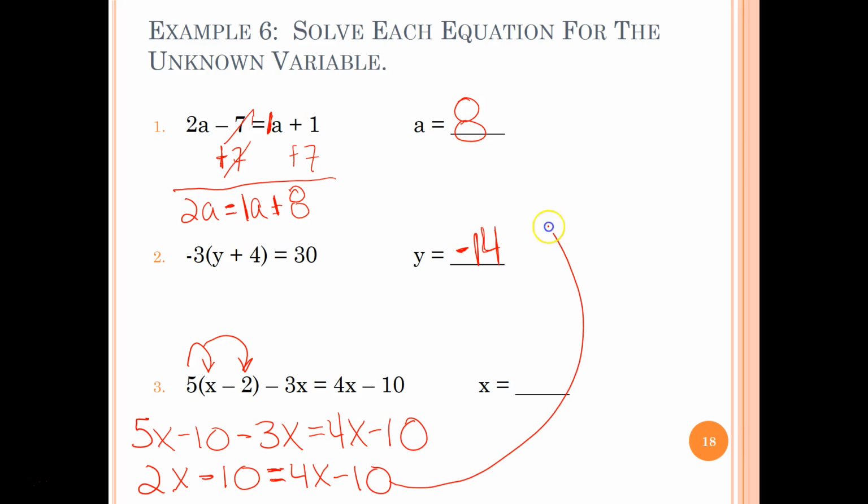10. This one's going to look a little strange for a moment, but I'll make sure it makes sense as to why we get the solution we do. So we've got 2x minus 10 equals 4x minus 10. Now, when we're working with this, let's just follow the same suit. We want to get the number terms over to the side.